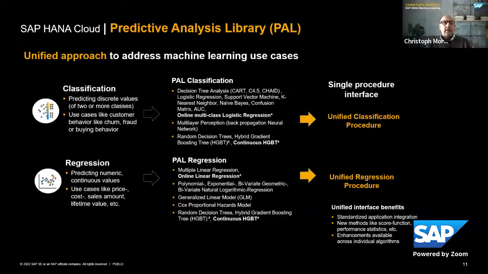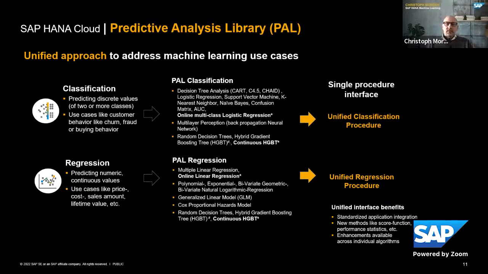So the interface is harmonized, and if, within a given machine learning scenario, you're implementing, for example, a customer churn or business partner churn scenario, then you would always use the same procedure, but maybe switch the algorithm behind the scene. That makes it easier to sustain a machine learning scenario as you enhance the implemented algorithm.